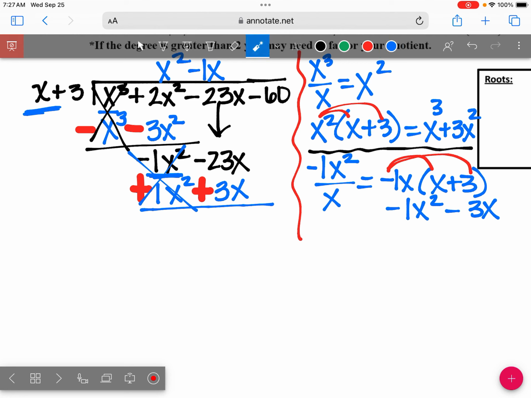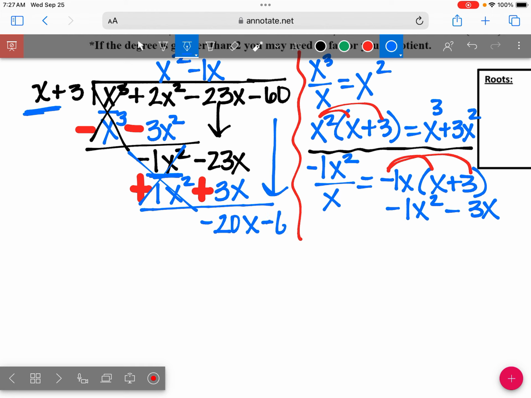And we're going to add this together. Negative 23. So add negative 23 plus 3. So what's negative 23 plus 3? Negative 20. Bring down the last term.